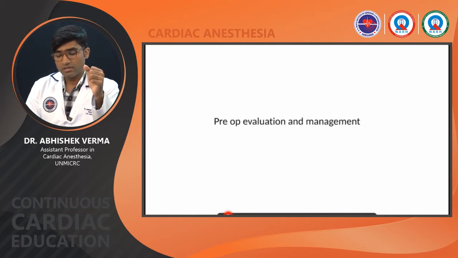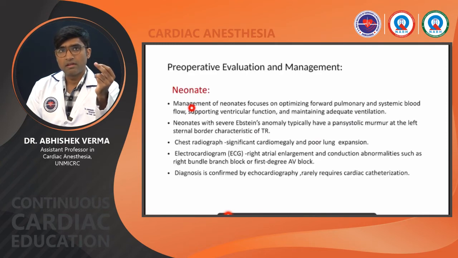Then we go for the pre-op evaluation and the management. In pre-op evaluation for neonates, we mostly focus on optimizing the forward pulmonary and systemic blood flow. We support the ventricle and maintain adequate ventilation.